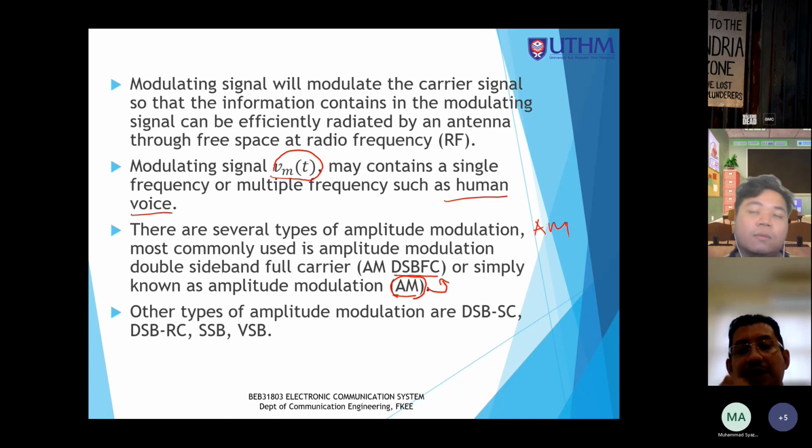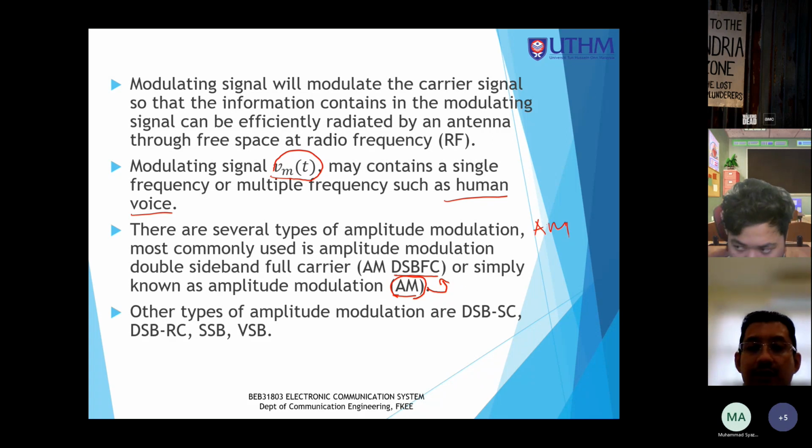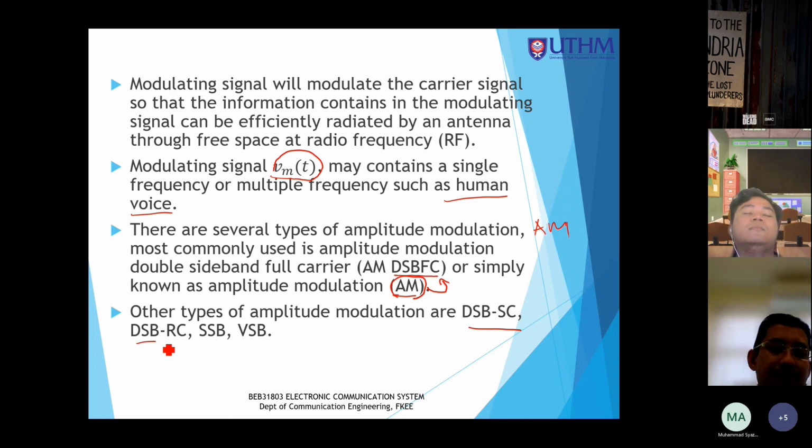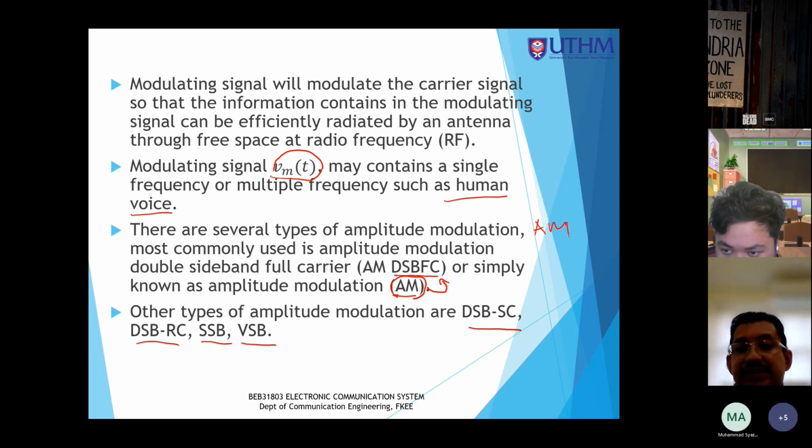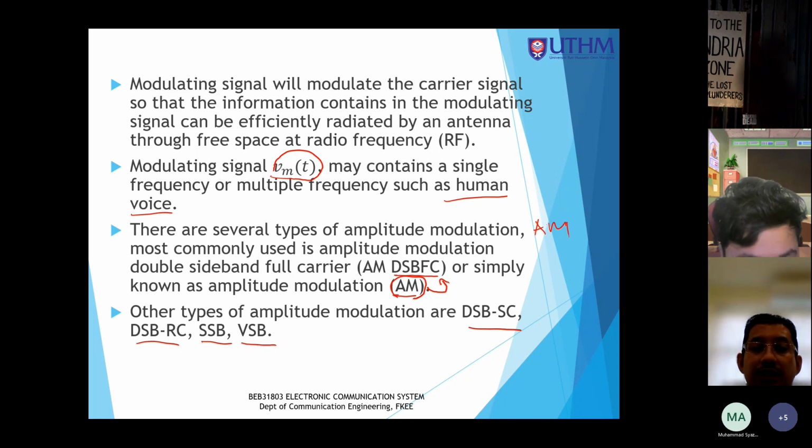Dan ahli keluarga AM yang lain, so tadi double sideband full carrier ni adalah dia punya datuk lah, atuk yang paling tua, dan dia ada ahli keluarga yang lain yang dipanggil sebagai double sideband suppressed carrier DSBSC, double sideband reduced carrier, single sideband dan juga vestigial sideband. So dia ada ahli keluarga yang besar.